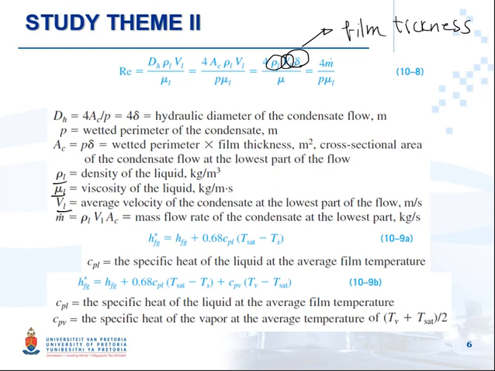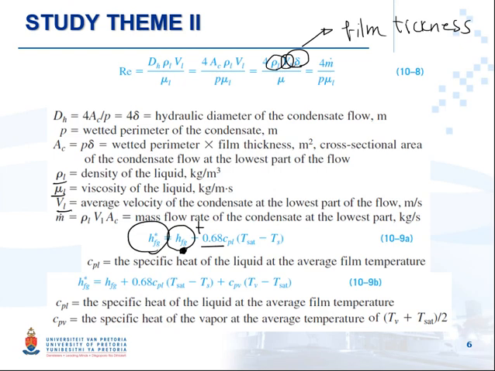Why? Because the actual condensation process is cooled further below the saturation temperature, so HFG at saturation temperature is not going to work for us. Why? Because it's not enough. It's plus something else.